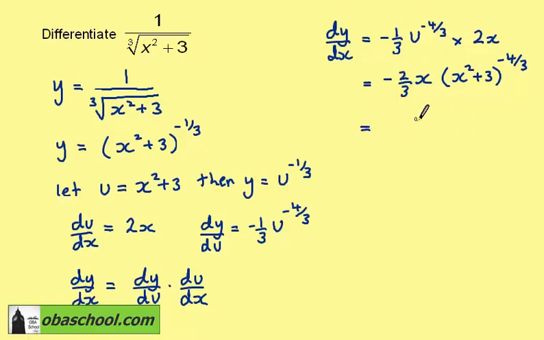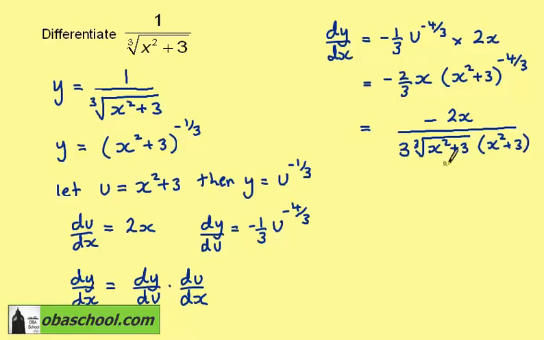We can look at things that are genuinely on the top, which is the minus 2x, and things that should go to the bottom. The 3 is there already, and the x squared plus 3 to the minus 4/3 goes to the bottom as x squared plus 3 to the 4/3.